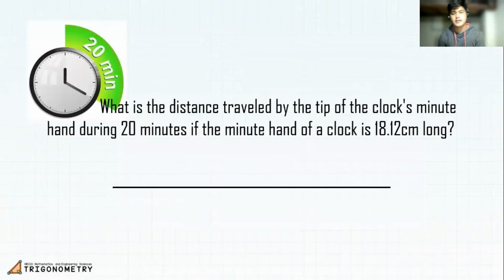Okay, our second problem is: what is the distance traveled by the tip of the clock's minute hand during 20 minutes if the minute hand of the clock is 18.12 cm long? We can answer the problem by using the arc length formula and the concept of the circumference of a circle.